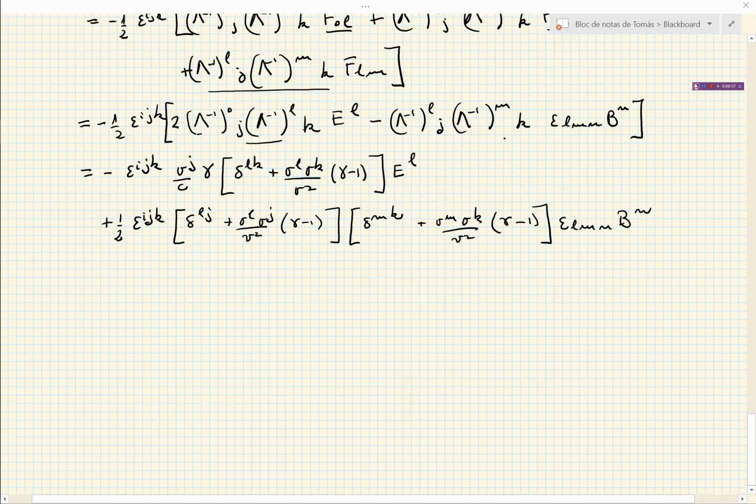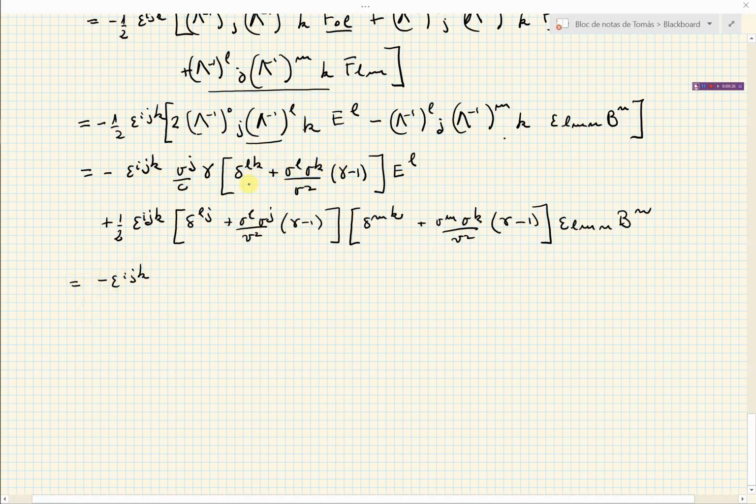Okay, this term, remember that we can combine this and this, and they give a projector in the orthogonal direction. So we have minus epsilon I j k. But anyway, before I do this, I realized that okay, this delta multiplied by this is okay.